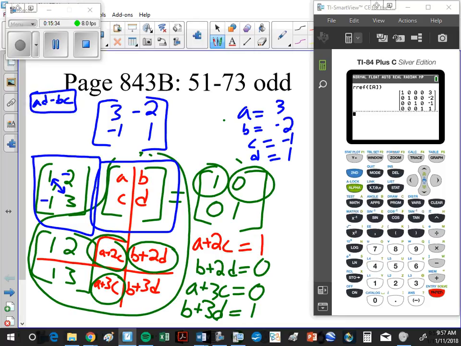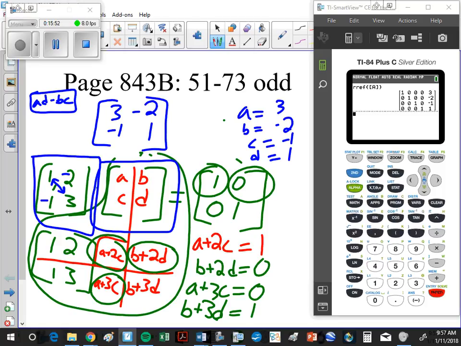That will tell you how much a matrix weighs. So in this first matrix, 1 times 3 is 3, minus 2 times 1 is 2. The original matrix had a weight of 1, so the inverse will also have a weight of 1.